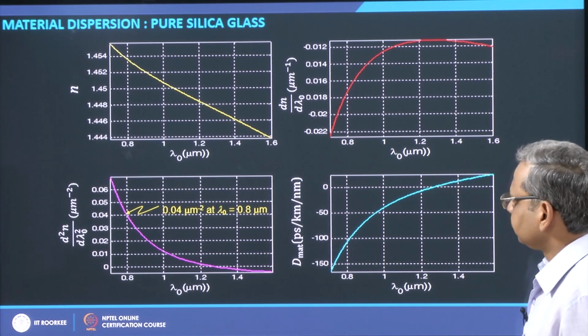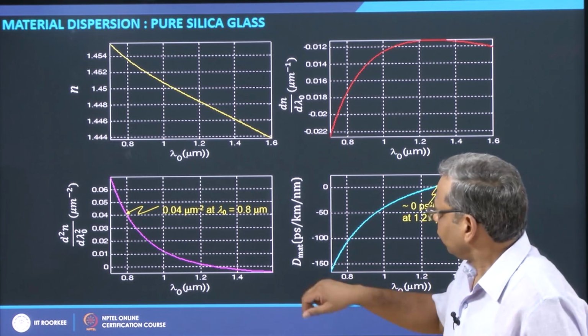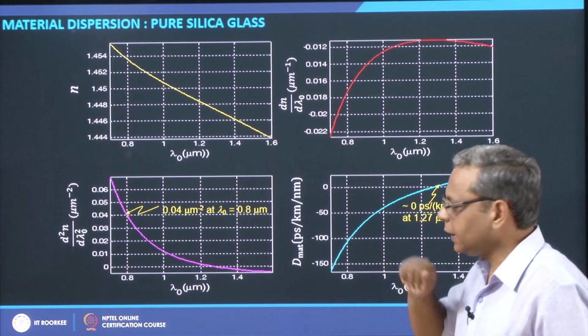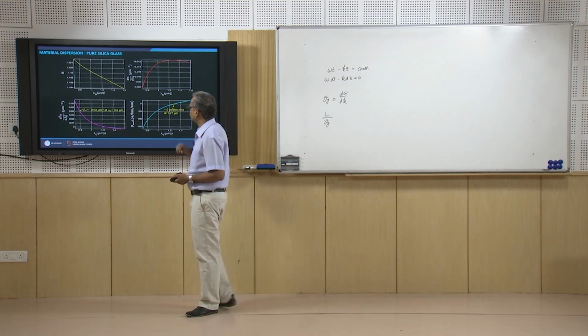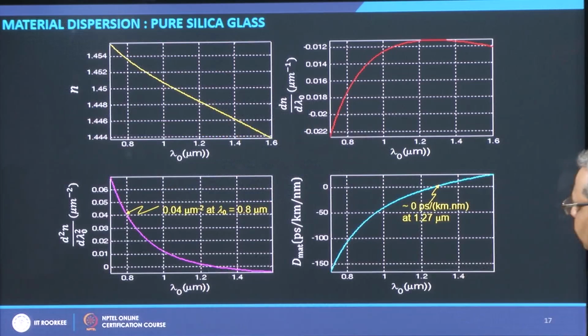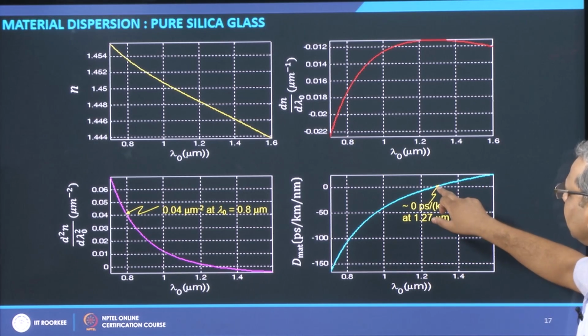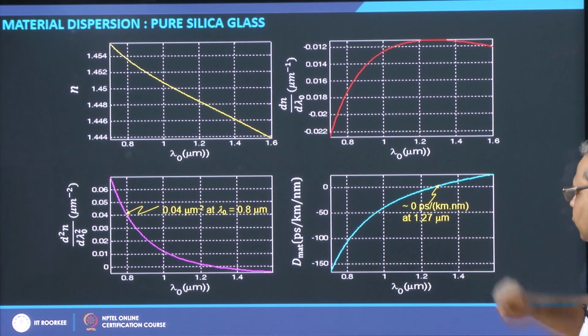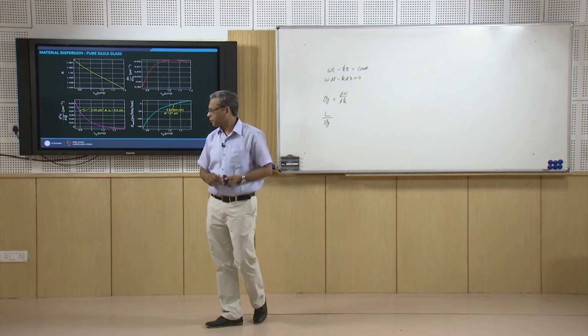And here if I plot this material dispersion coefficient using this in picoseconds per kilometer nanometer, then corresponding D mat goes something like this. And I find that since there is 0 crossing around this wavelength, material dispersion is 0 at this wavelength, and this wavelength is around 1.27 micrometer.